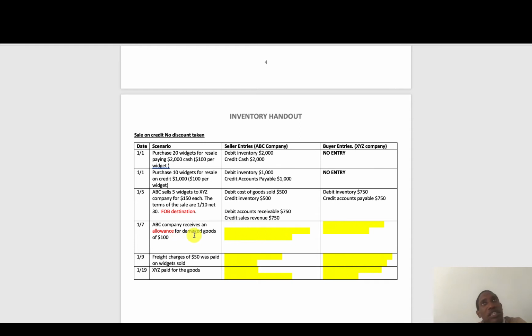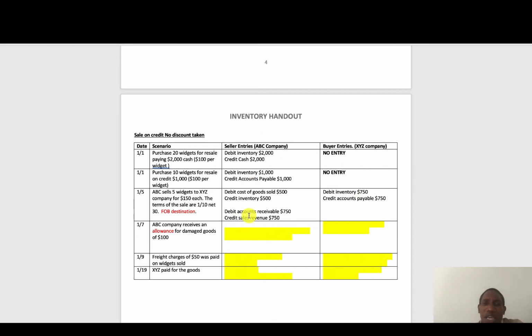But an allowance is, okay, the goods were damaged or not up to specifications, so XYZ is going to keep the goods. Instead of sending them back to ABC, XYZ keeps the goods and just gets a reduction in the cost. So in this scenario, XYZ still has the same 5 widgets, but they're going to get a reduction in price because of the goods. So what is the entry?